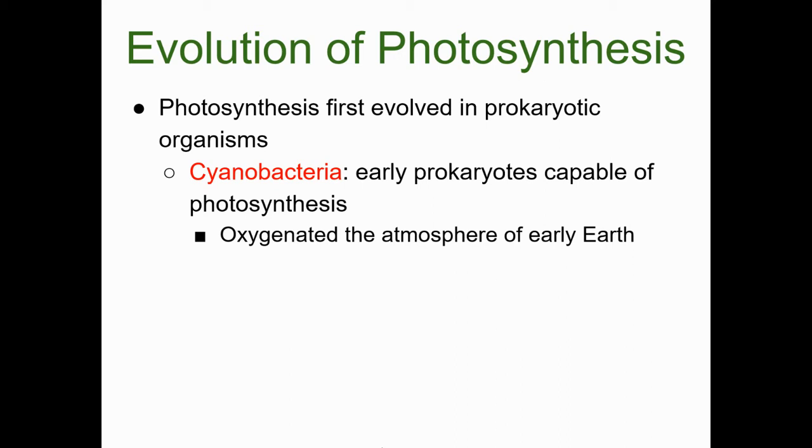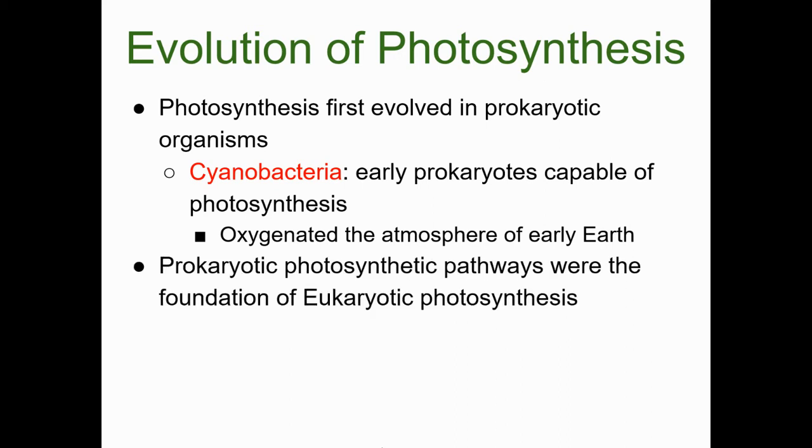Before photosynthesis, the composition of Earth was much different, and we didn't have the abundance of oxygen like we do now. These cyanobacteria had the ability to go through photosynthesis, and they're the ones who most likely oxygenated the early Earth. Now we know that organisms like us have to go through cellular respiration, so we depend upon that oxygen now.